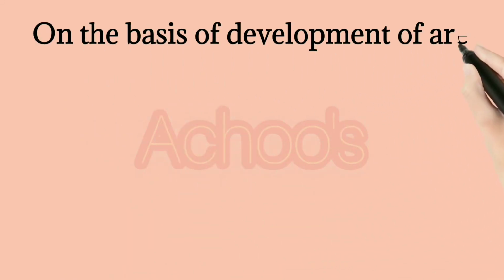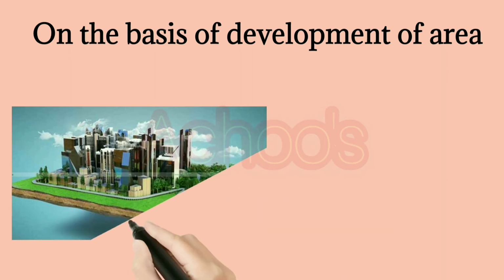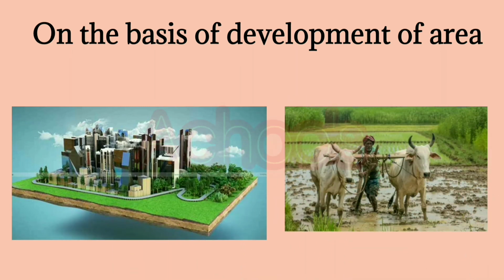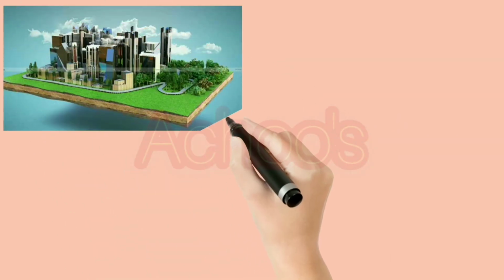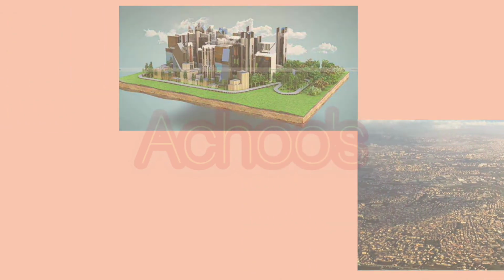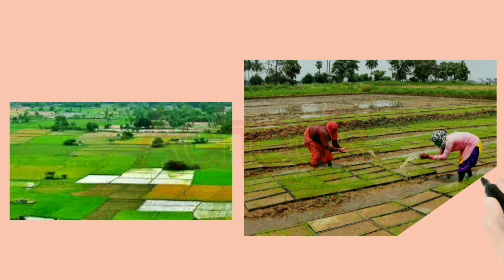On the basis of development of area, land is classified as urban land and rural land. So here, urban land covers the land of cities and towns and benefits from industrial development. While rural land includes the countryside and the villages. So they are mostly engaged in agricultural activities.